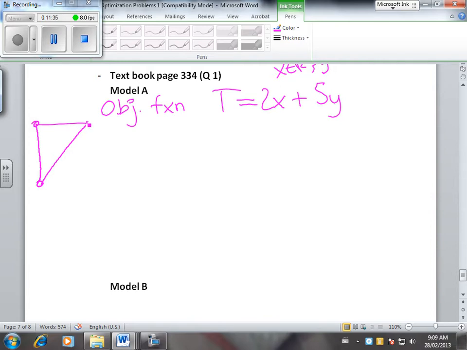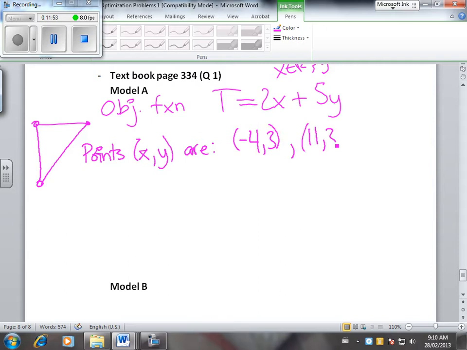And you'll see that those points, if they're written like x, y, are -4, 3, 11, 3, and -4, -12.